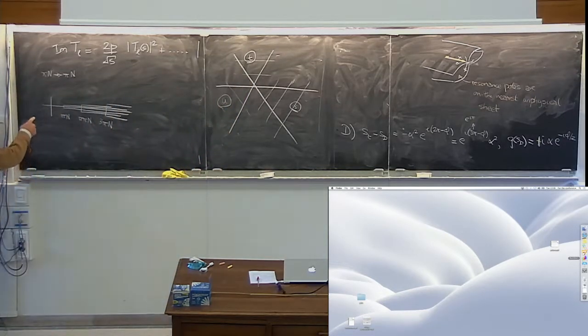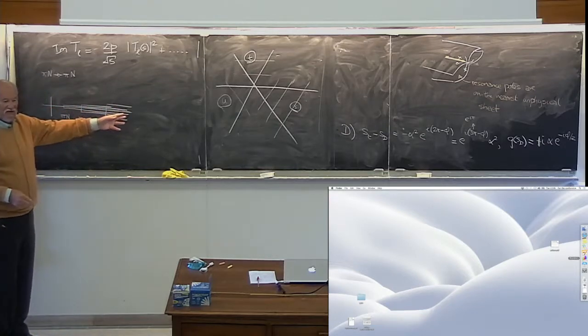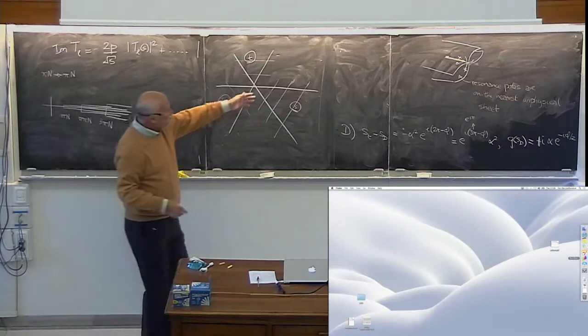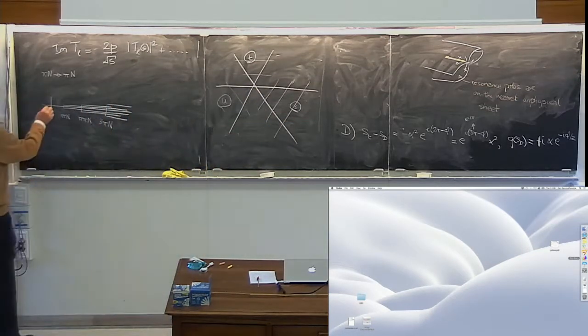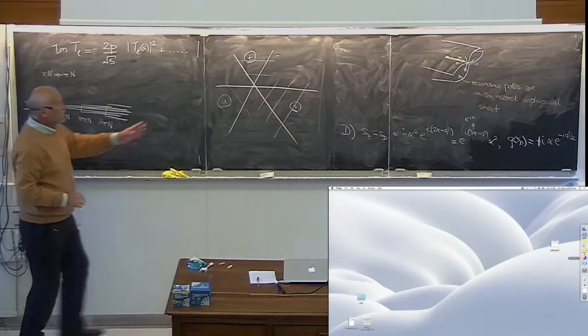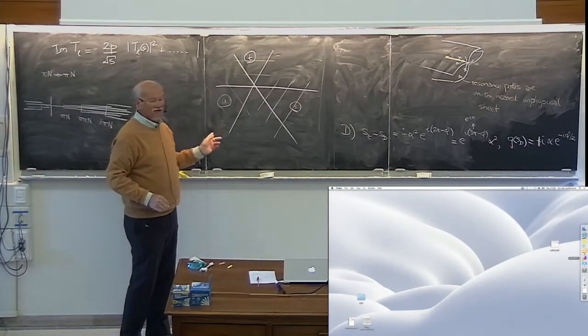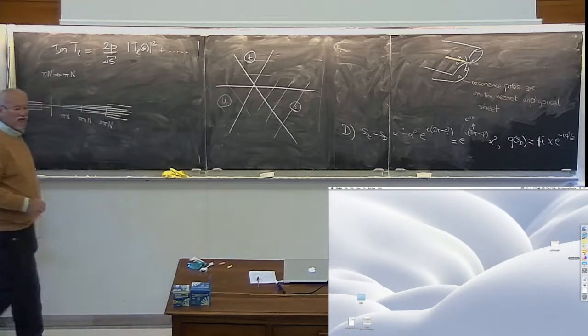So this function that we have, which has what's called a right-hand cut, which comes from the thresholds in the S channel, also has cuts on this side, which will start at different places, which correspond to satisfying unitarity in the T channel and the U channel.